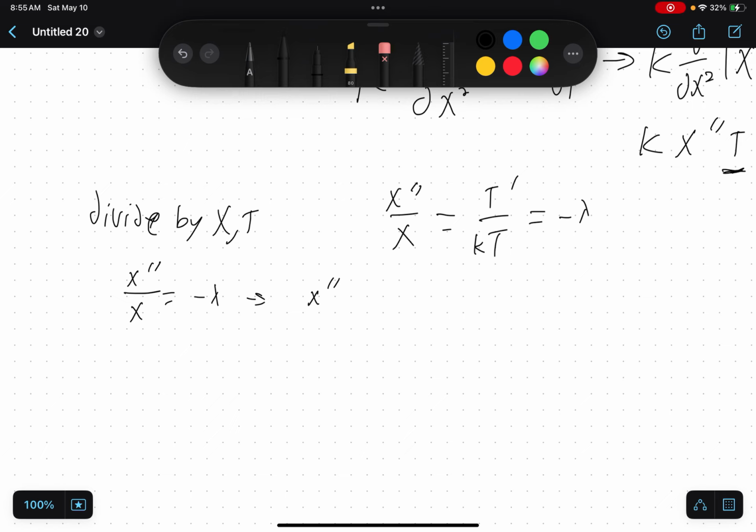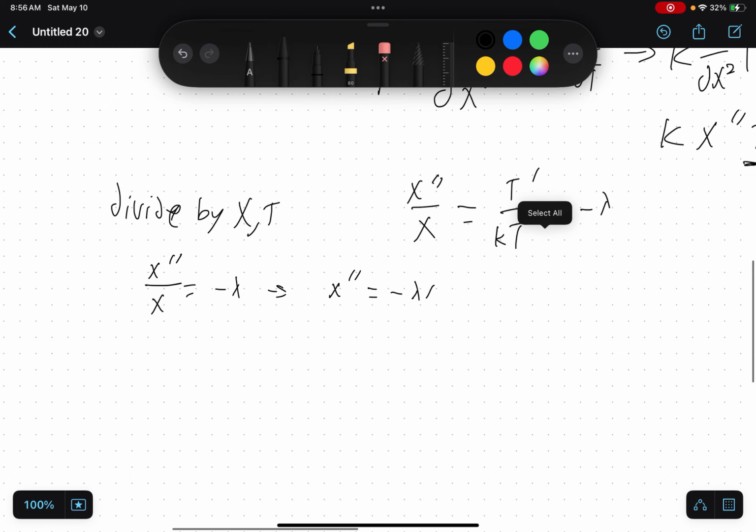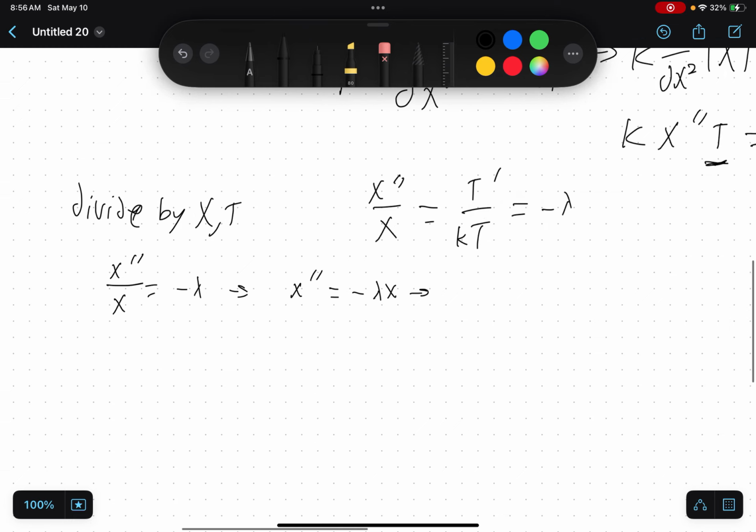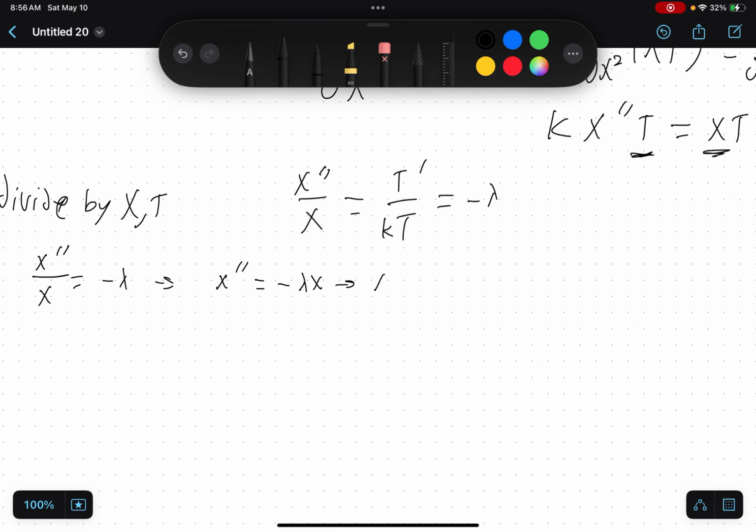So this will be X double prime equals negative lambda X. Then we'll just move that lambda X to the other side, equals 0. So this is equation 1.